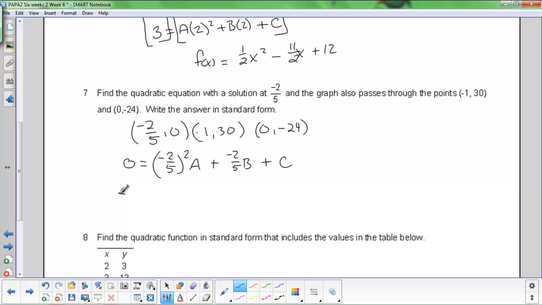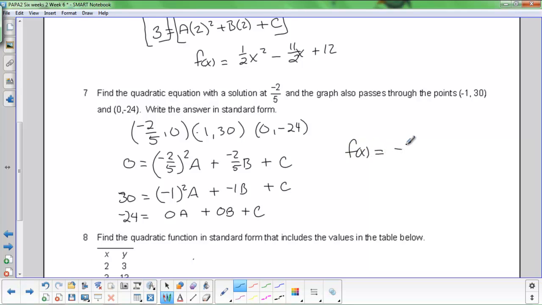Should be 30 equals negative 1 squared a plus negative 1 b plus c. Negative 24 equals 0 a plus 0 b plus c. Your solution to this matrix was f of x equals negative 10 as your a, negative 64 as your b, and negative 24 as your c.